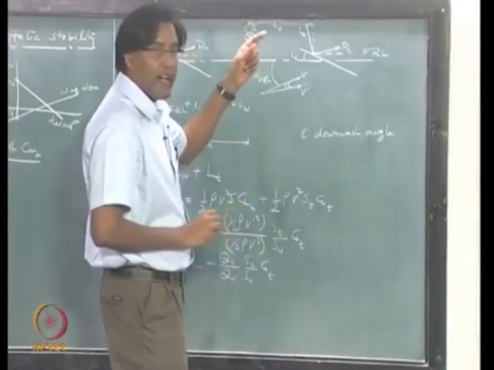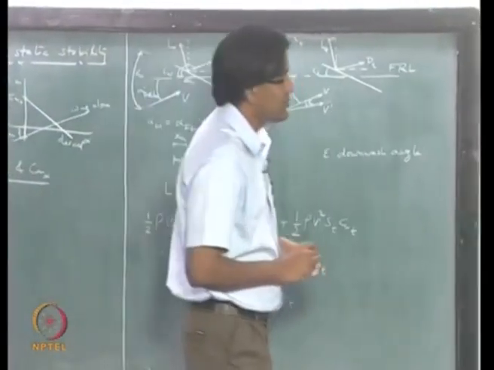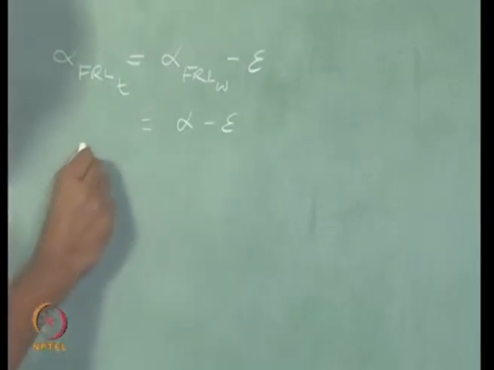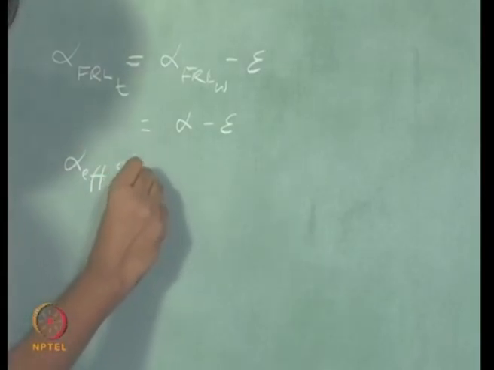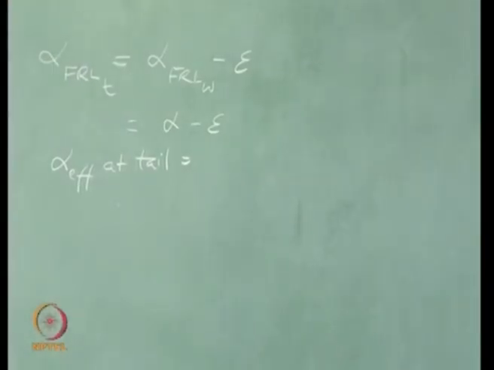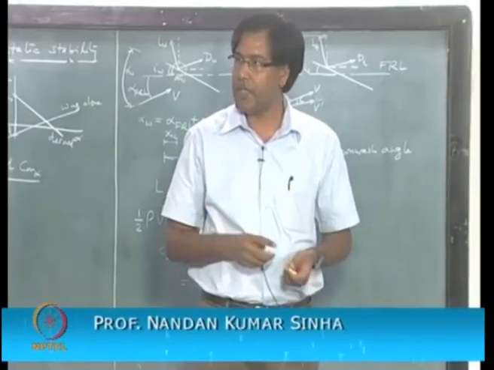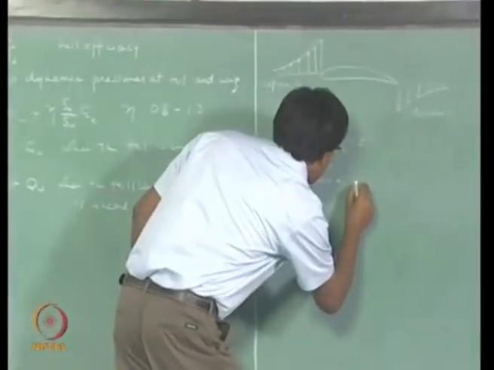So, what is the effective angle of attack at the tail? What is that? Alpha minus epsilon plus IT, right?